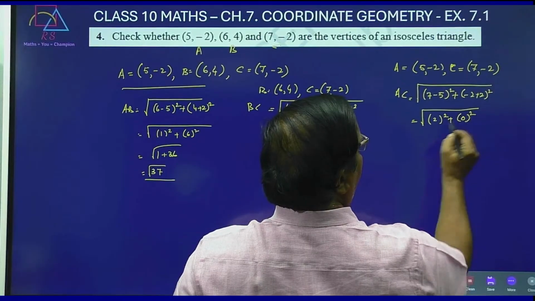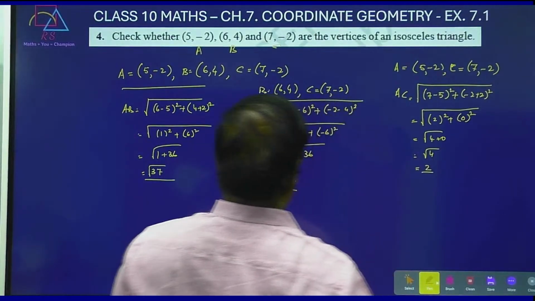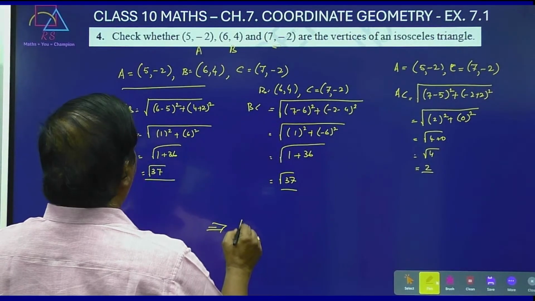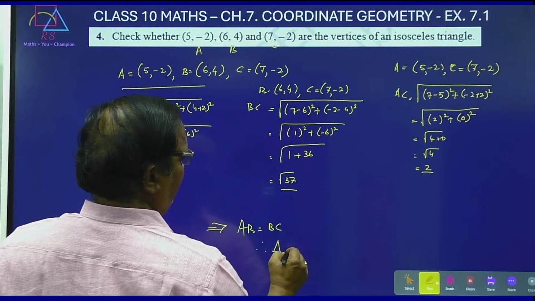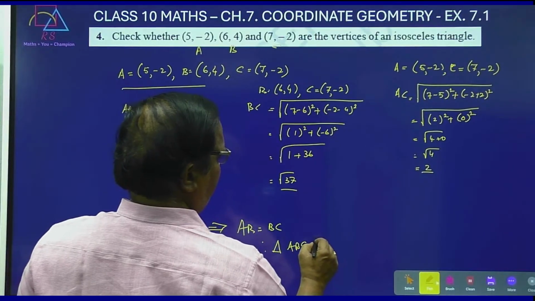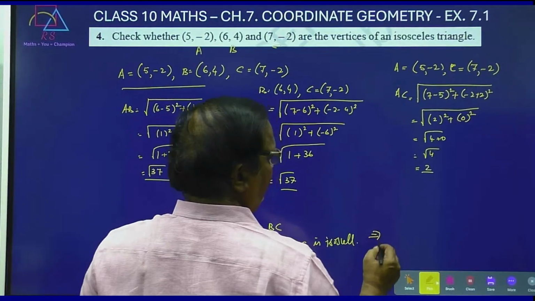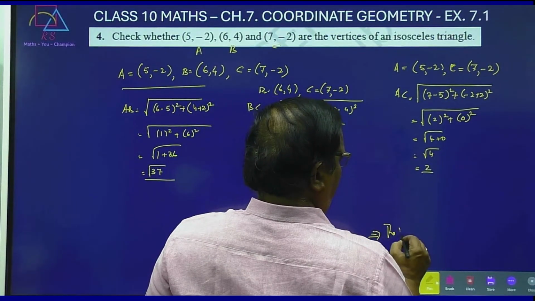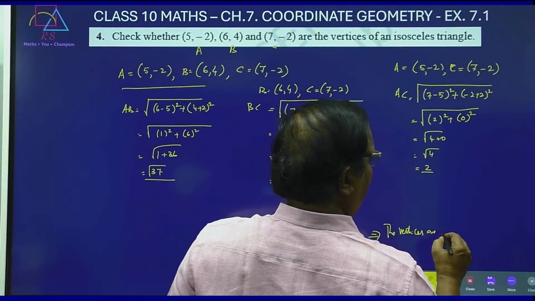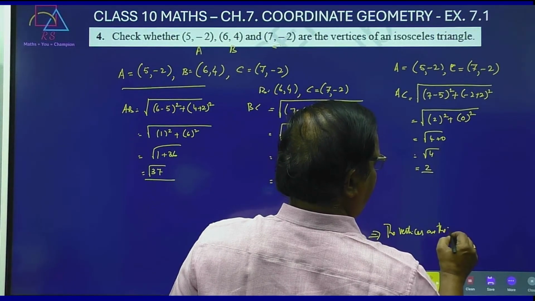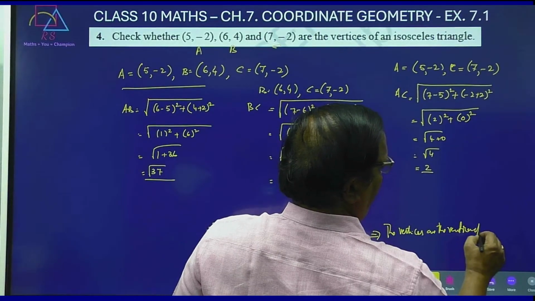So it is equal to 4 plus 0, which is 4, so 2. So that implies AB is equal to BC. Therefore, triangle ABC is an isosceles triangle. That implies the given points are the vertices of an isosceles triangle.